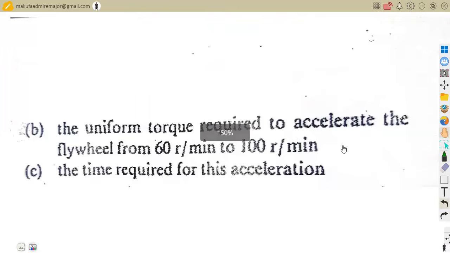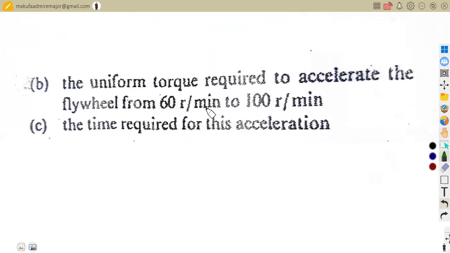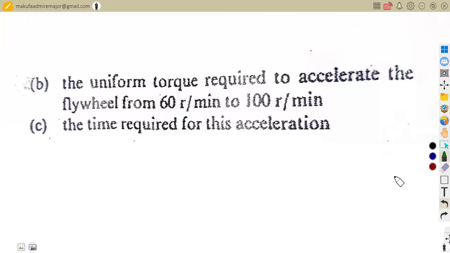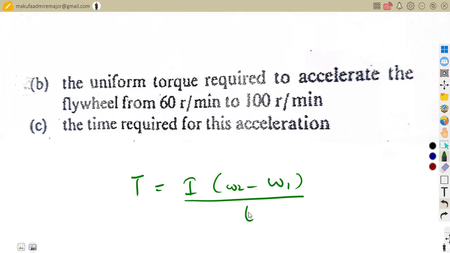This one, it was actually the change in torque. Actually, this one, it was a mistake because for the change in torque we are supposed to have the time, different from the kinetic energy where you work without a time. If you check on the formula that we had, we were supposed to use the torque is equal to this, omega 2 minus omega 1 over t.